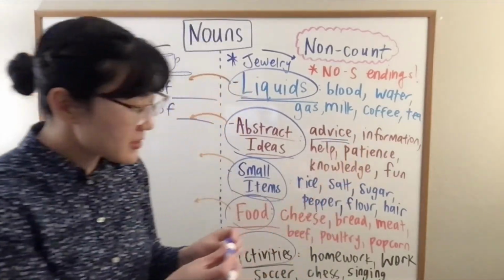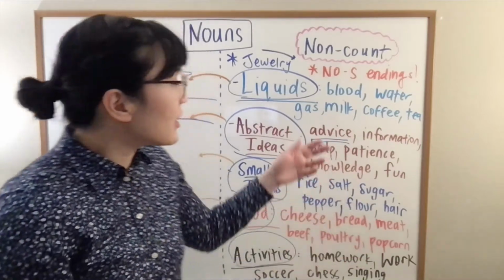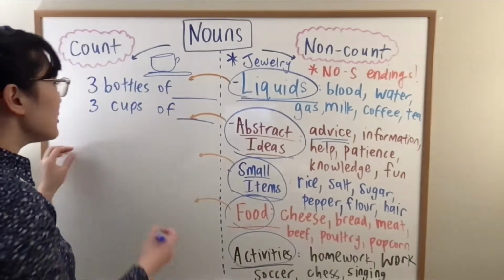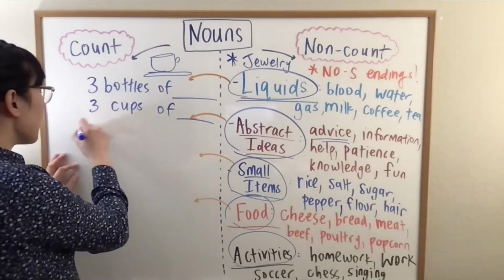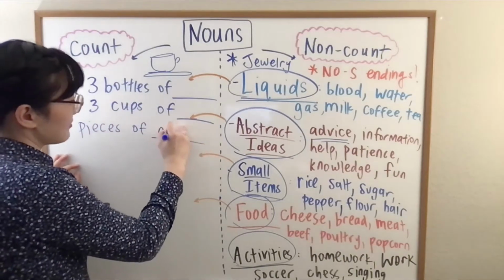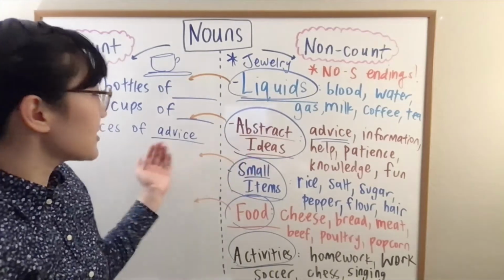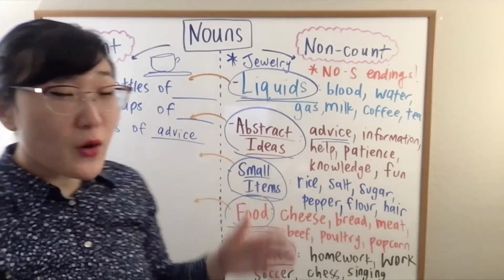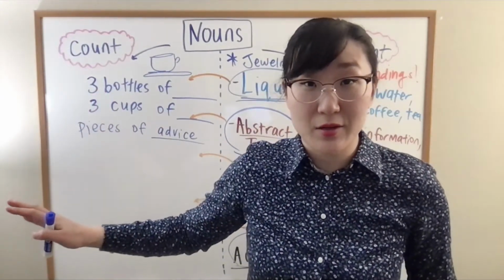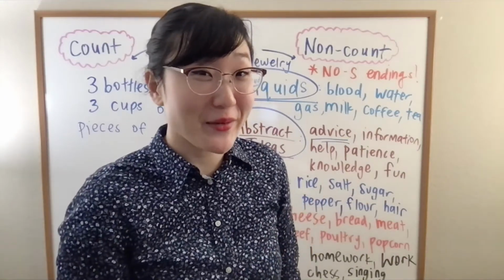Many of my students ask me for advice on how to improve their English. If you want to change the word advice into a countable noun, you could say, for example, pieces of advice. Right? Just as an example, there are so many countable nouns. This is usually not an issue for my students. It's this group, the non-count nouns, that are a little strange, okay?